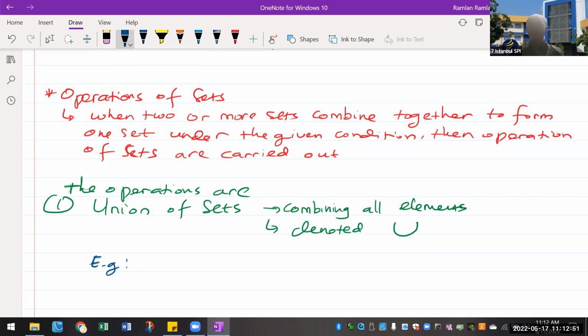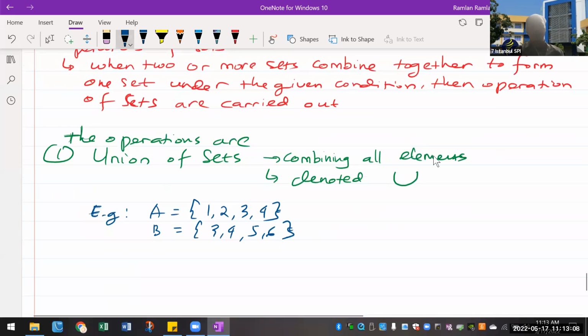The first example: let's say I have set A, the elements are 1, 2, 3, 4. Set B, the elements are 3, 4, 5, and 6. And set C, for example, is 5, 7, 11, 13.